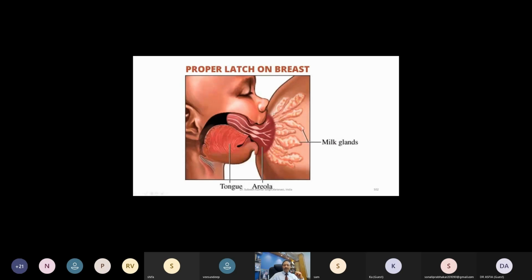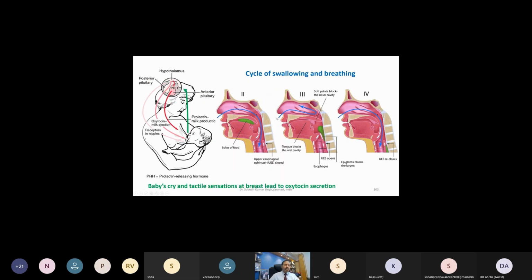Then the negative pressure is created and the milk is sucked. So it is important to have the mother on the breast, because this hormonal axis has to work.